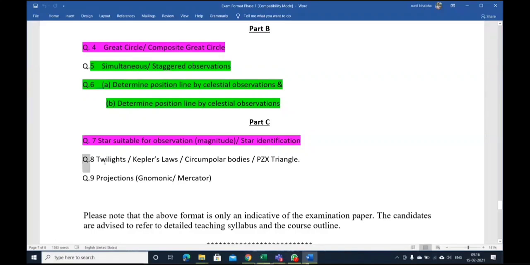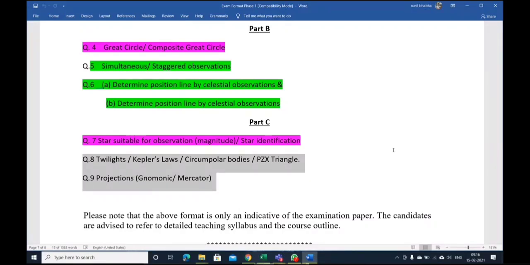The bottom 2 questions, question number 8 and 9, are based on principles of navigation. They could be theory questions or numericals from your PON book, Principles of Navigation.